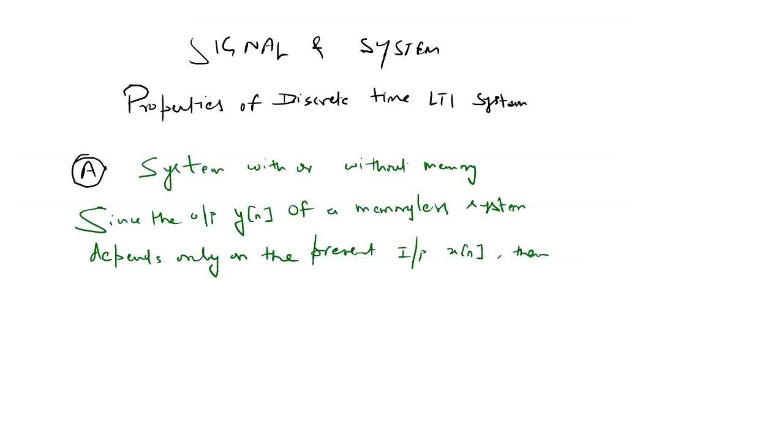if we consider a linear and time invariant system, the relationship is presented as y[n] equals k times x[n].